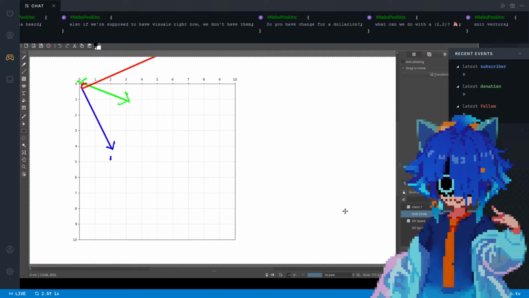Let's write down what green is. Green is 3, 1. And blue is 2, 4.